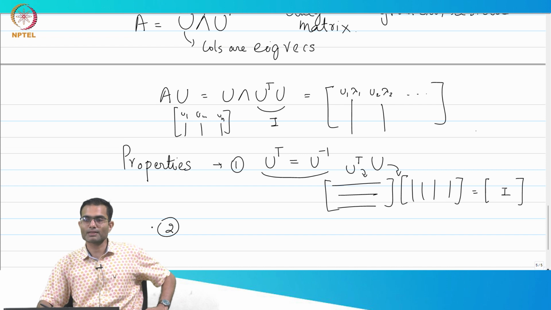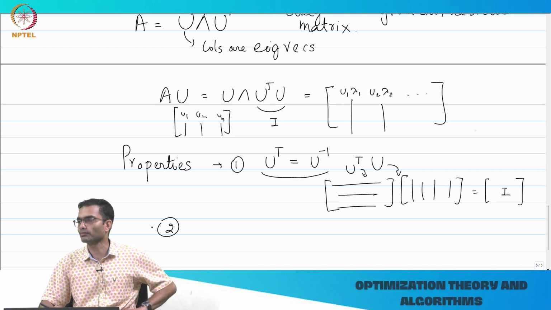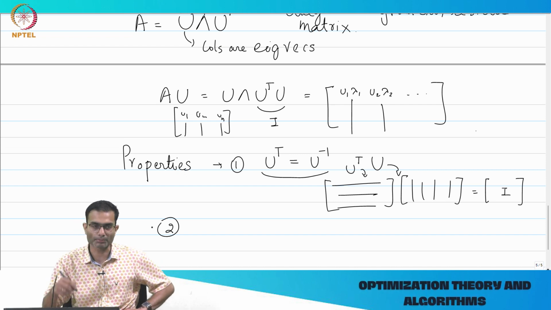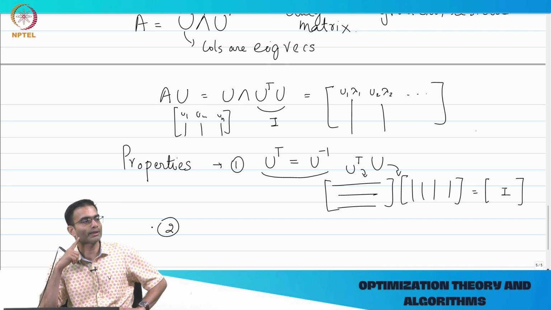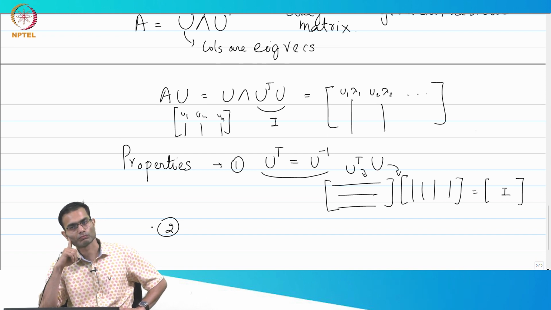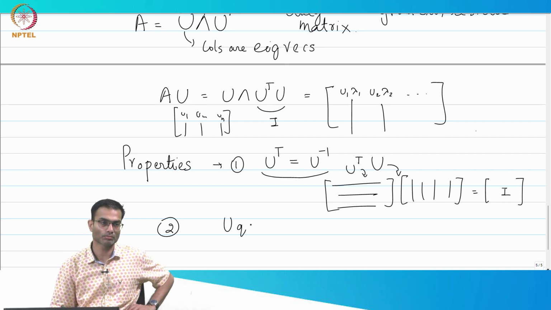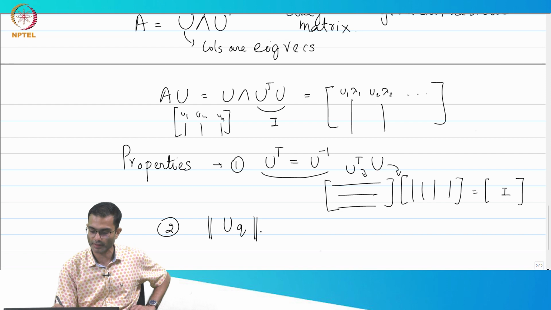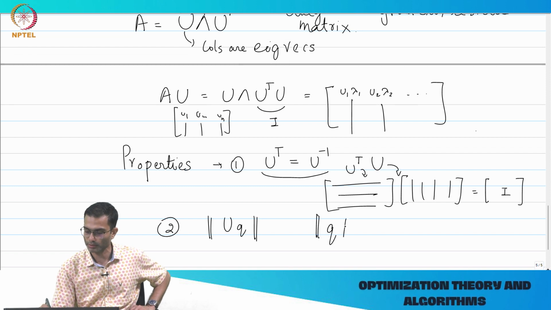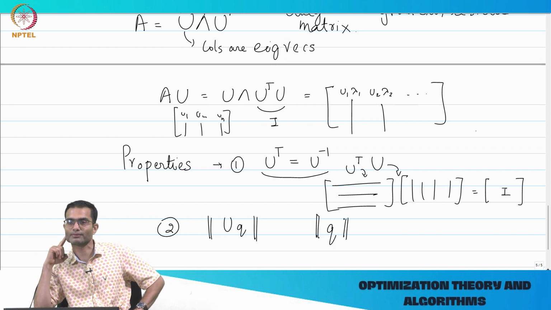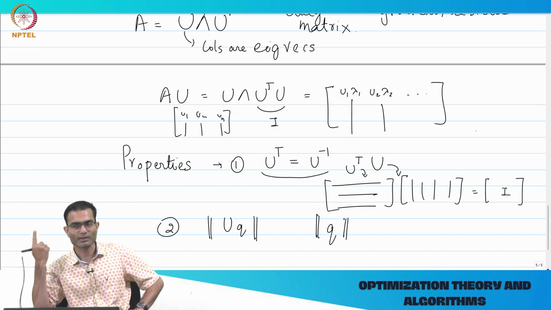This U matrix has a few more nice interpretations. For example, what does it do to the length of a vector? Supposing I multiply U by some vector Q, and take the length of that vector and compare it to the length of the original vector itself. What happens? It's equal, right?